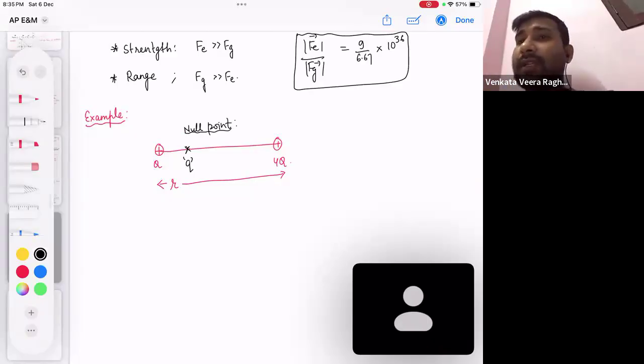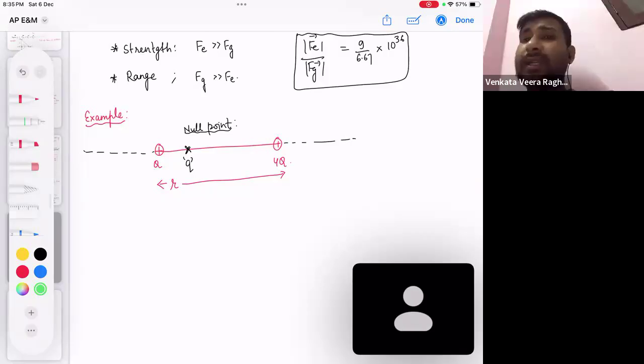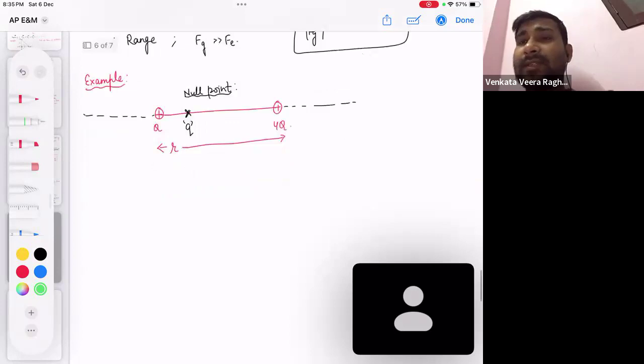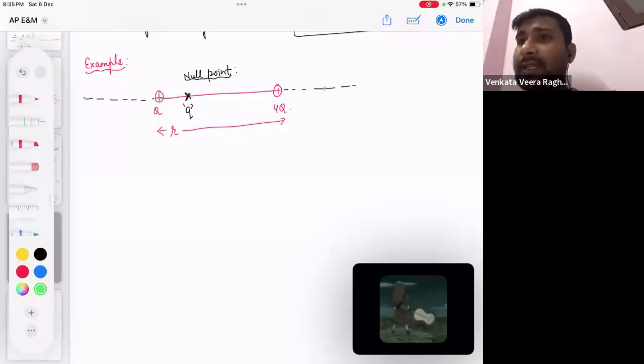Okay, so are all of you clear why it should be here, why not somewhere here, or somewhere here? Clear? So can I just locate that point? If you're not clear, I should explain. You see, if I take the particle here, will it be repelled?